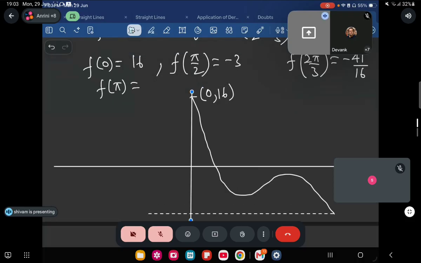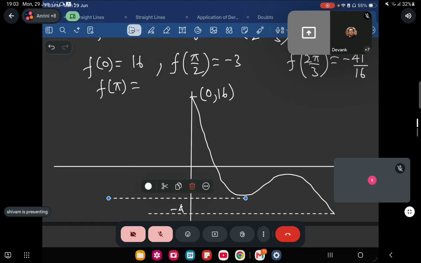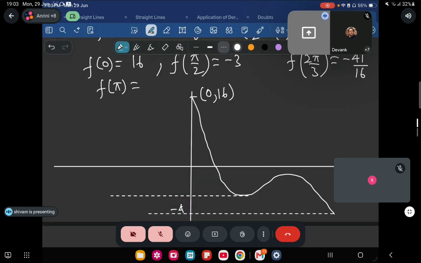See, drawing the graphs is very important. If you are unable to draw the graphs, it will be difficult to attempt good questions in the exam from AOD. This will be minus 3. 0, this is pi by 2, this is 2 pi by 3, and this is pi.